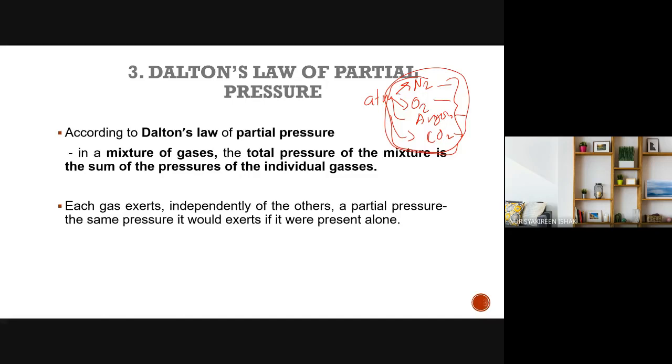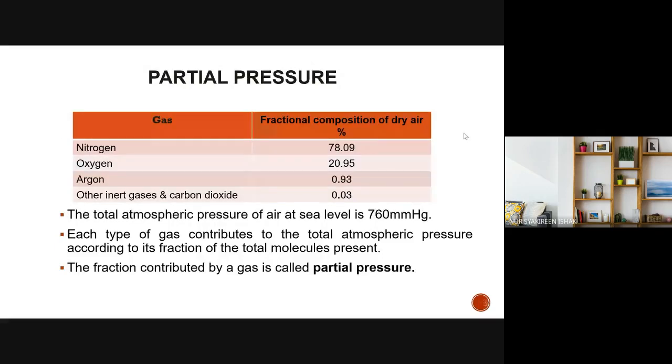Okay. So these are the gases that are present in the atmosphere. You have the nitrogen, you have the oxygen, argon, and other inert gases, including carbon dioxide. So the percentage of each gas: nitrogen in the atmosphere consists of 78.09. Okay, oxygen 20.95, argon 0.93, and inert gases and carbon dioxide 0.03.